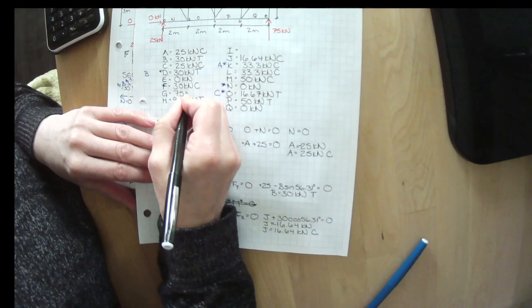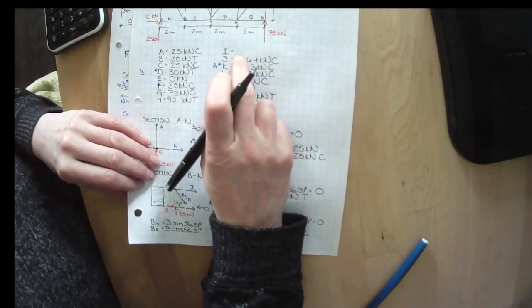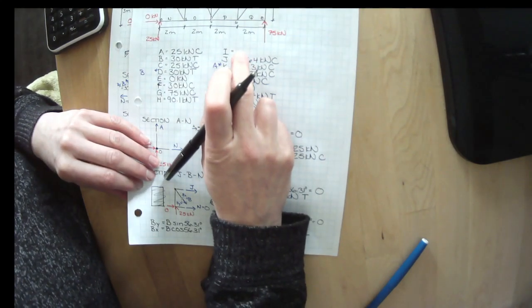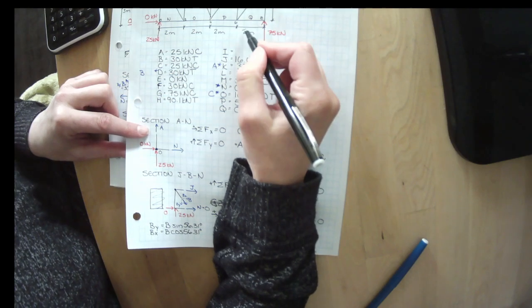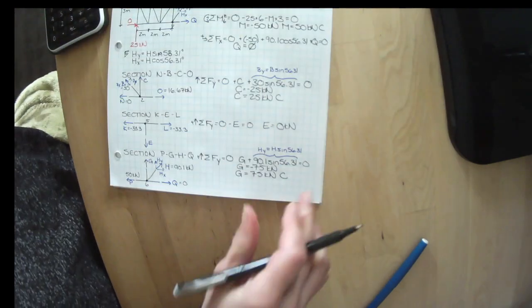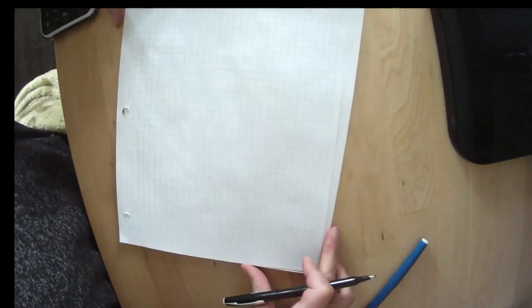So we can fill this in. 75 kilonewtons in compression. The last one we need to know is I. Let's make a cut through Q and I. I need a new page for one tiny little cut. Oh, that's nice.